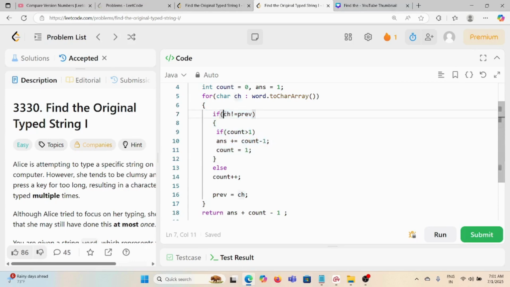Otherwise, if there is no change, that means the same character is repeating, so we keep on increasing our count, and every time we are making our previous equal to whatever is the current ch, because next time it would be compared.